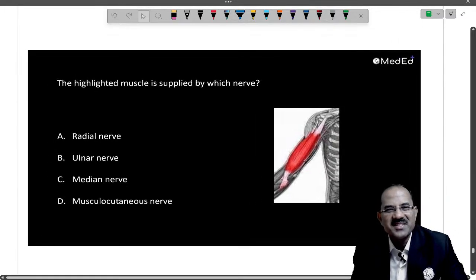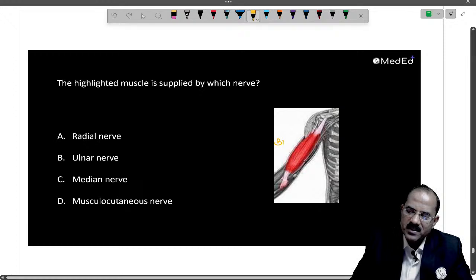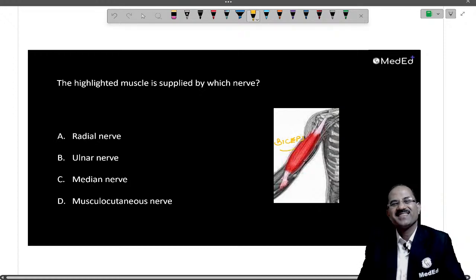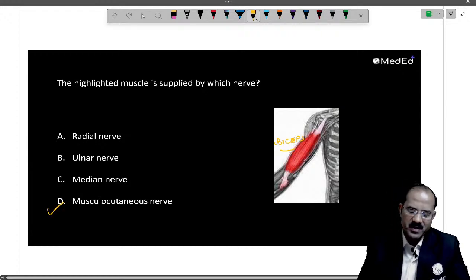The highlighted muscle is supplied by which nerve? Can anyone tell me what is this highlighted muscle? Beautiful. That's the biceps brachii. And biceps brachii is supplied by which nerve? The musculocutaneous nerve.